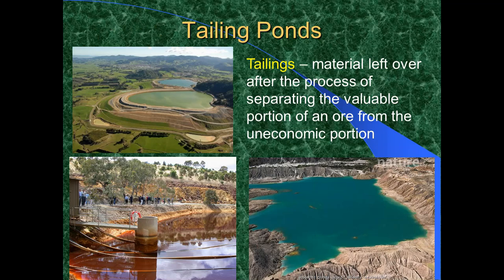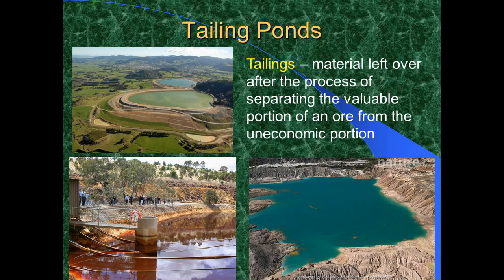Now, when we talk about waste, we need to talk about something called tailings. Tailings is a fancy word for the uneconomic waste portion that's left over when we separate the ore from what we don't want. Remember that we need that ore to be economical.